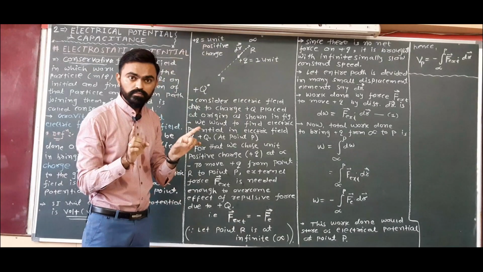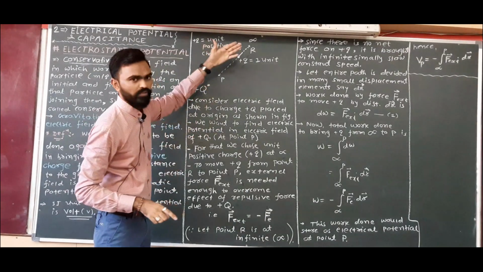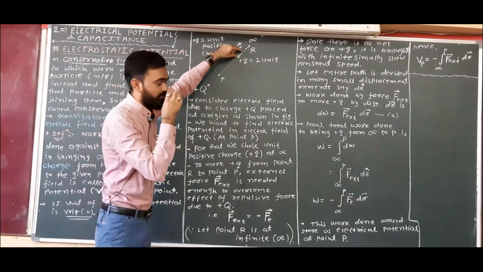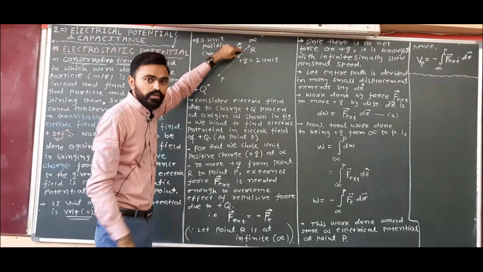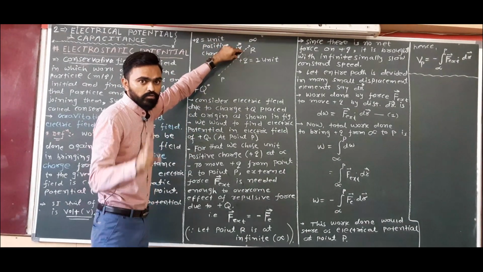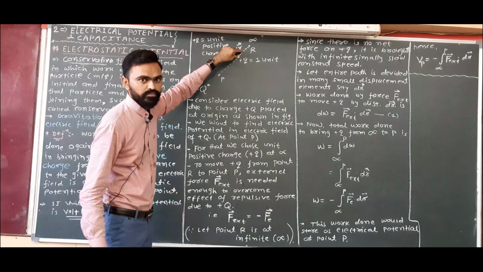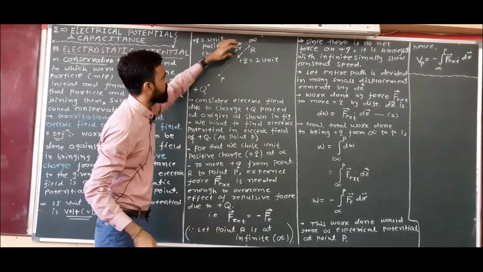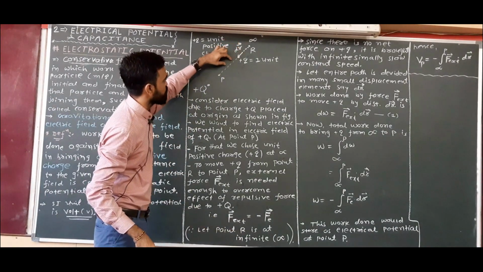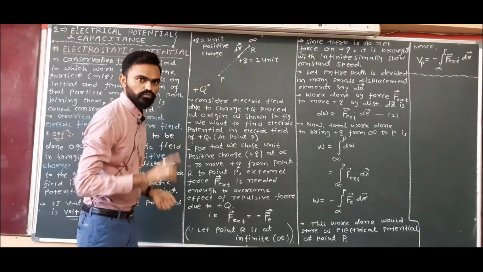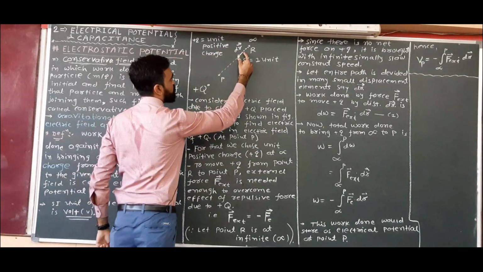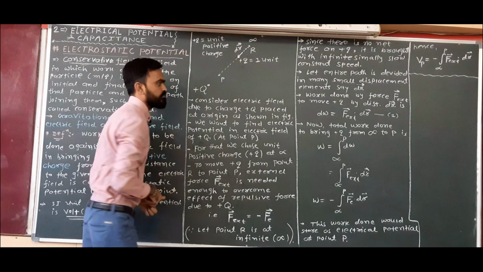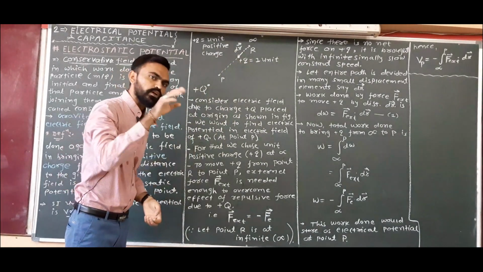No. Why? Because this distance is very large and the variation of the force will not be there. That is why we divide this entire path into small elements. So first, find the work done in a small distance. How much work will be done?